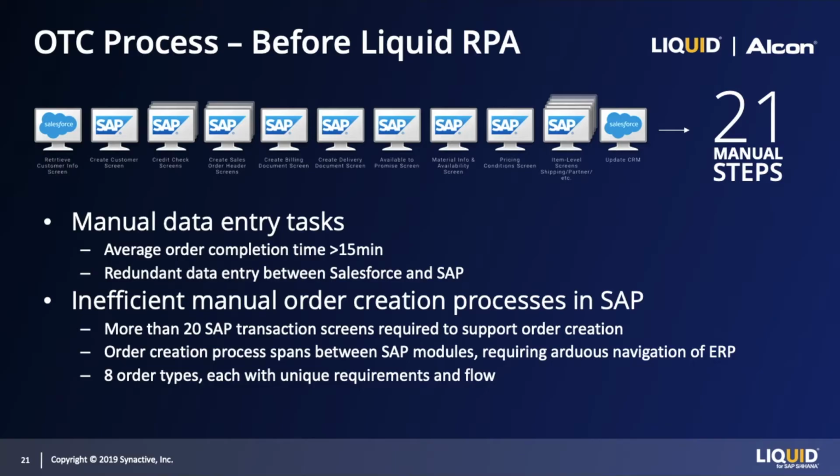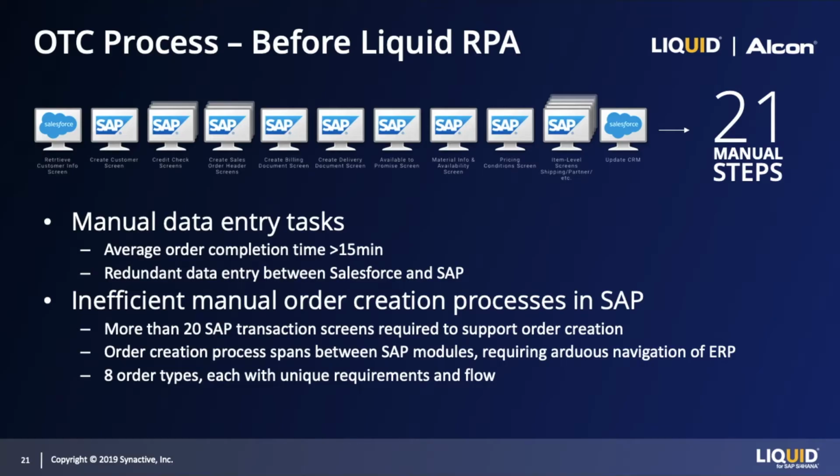In addition to that, there was a lot of manual effort, so hands on the keyboard. And in many cases, the CSRs had to input the same data set twice into Salesforce and SAP, so in effect doing the same work twice.